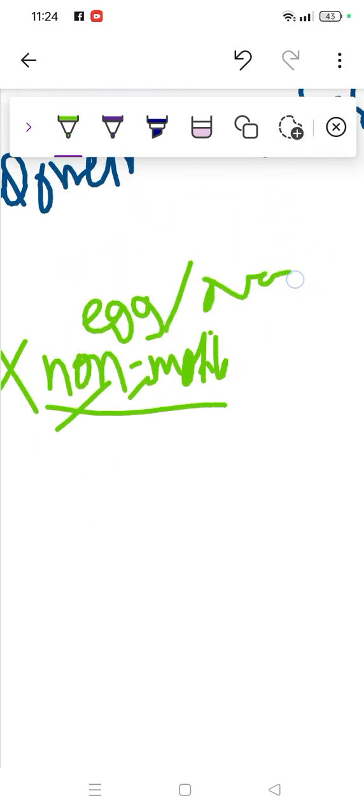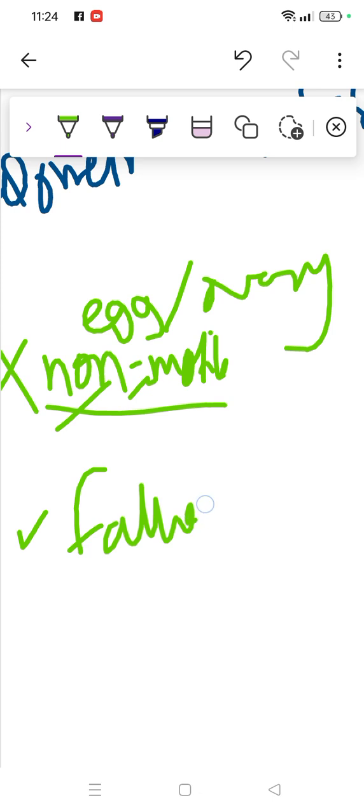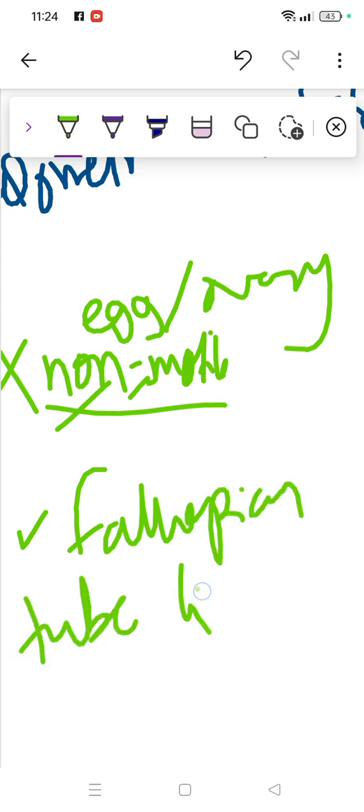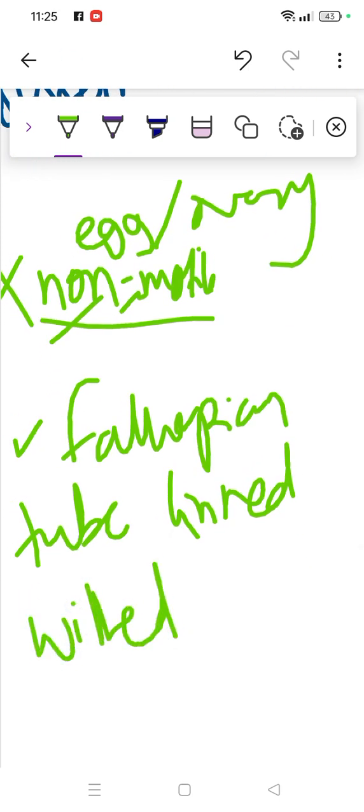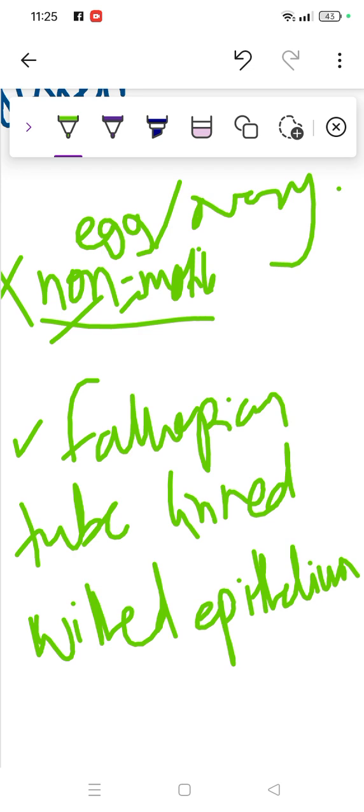So what do you think, how will it move? Well, there's a reason. The fallopian tube, which we see, is lined with ciliated epithelium.